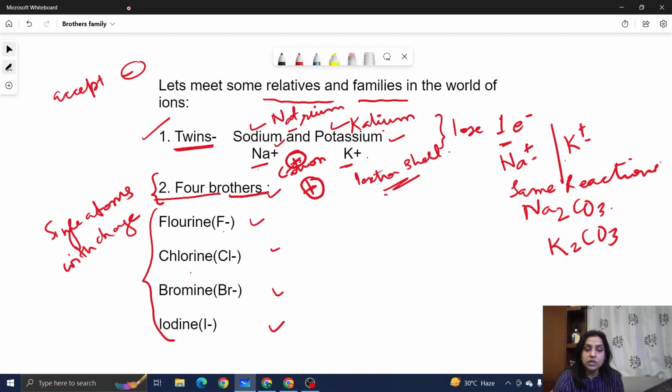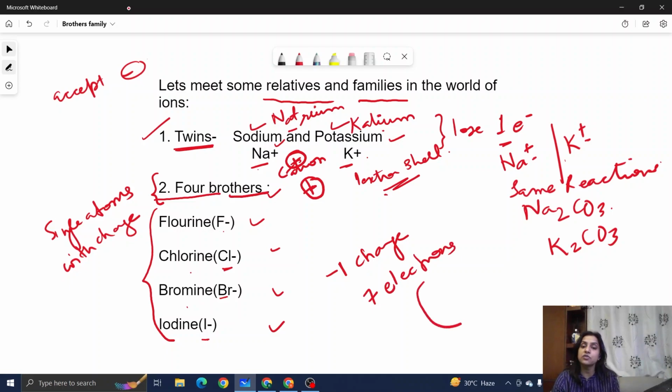F for fluorine, chlorine symbol is Cl, bromine Br, iodine I. All these four brothers have a minus one charge because they contain 7 electrons in their last shell. As I discussed in my previous video, when there are 7 electrons in the last shell, the atom is going to gain one electron from somewhere to complete its octet.